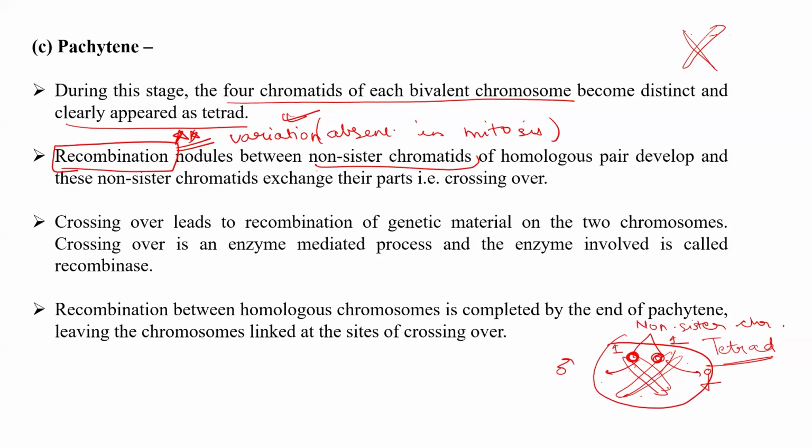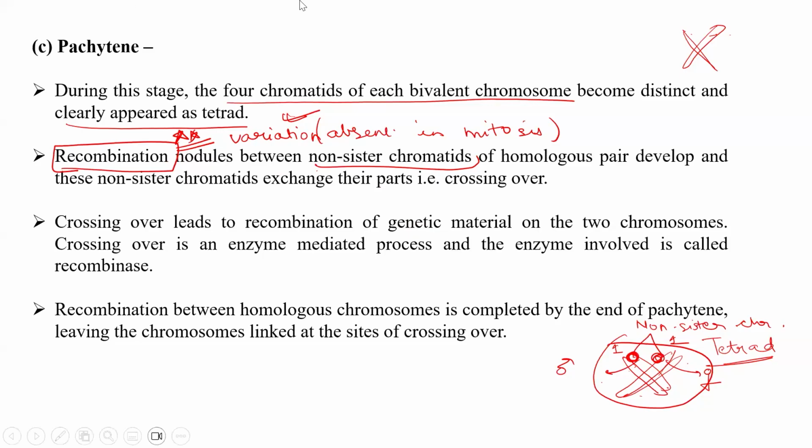It helps in maintaining the chromosomal number in the zygote, but at the same time it also helps in creating variation by the process known as recombination that happens during prophase 1 of meiosis 1.